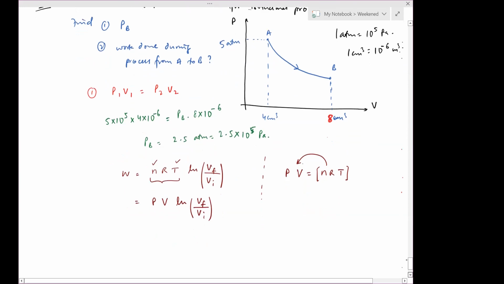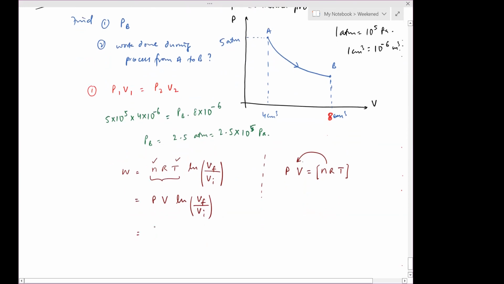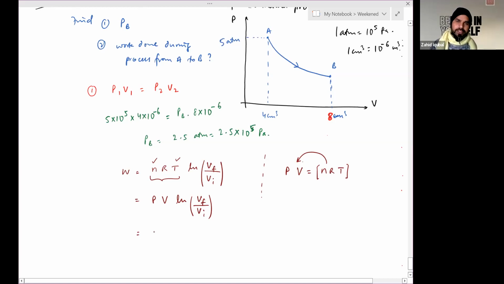Yes, sir. Now let me calculate for coordinate A. At point A, we have pressure 5 into 10 to the power 5 Pascal and volume 4 into 10 to the power minus 6, times ln of final volume by initial volume. Final volume is 8 into 10 to the power minus 6, initial volume is 4 into 10 to the power minus 6. On solving, 5 into 4 is 20, and 10 to the power 5 minus 6 gives 10 to the power minus 1.